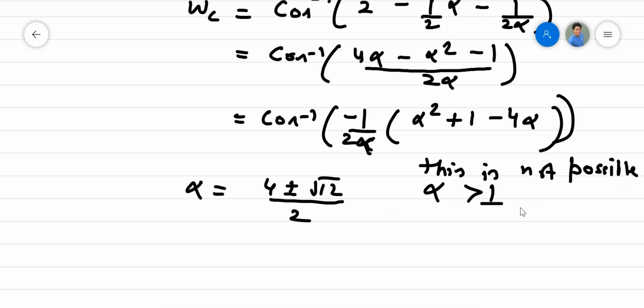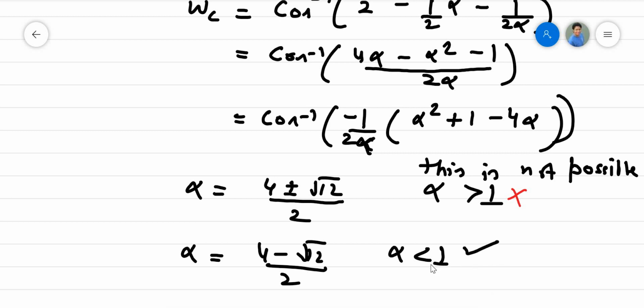So the only case which remains with us is alpha equal to 4 minus under root 12 by 2, and in this case alpha will be less than 1, and that is a true case.